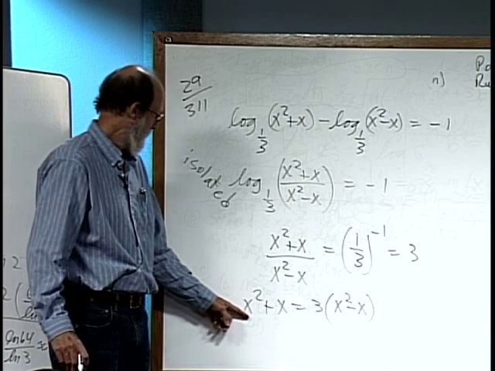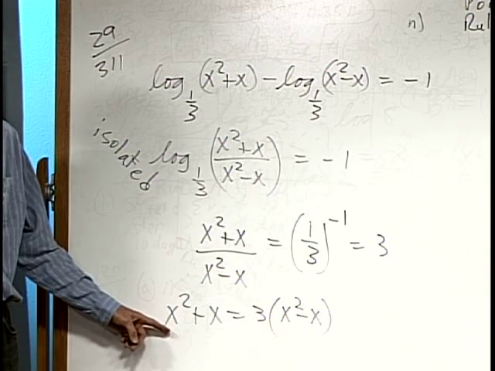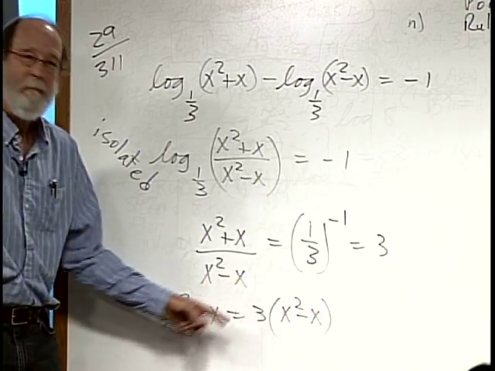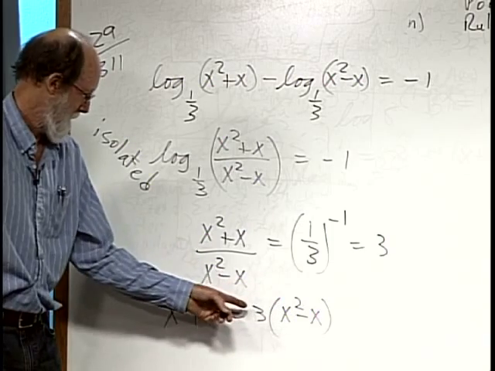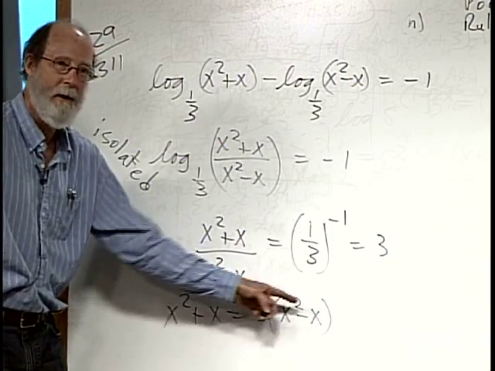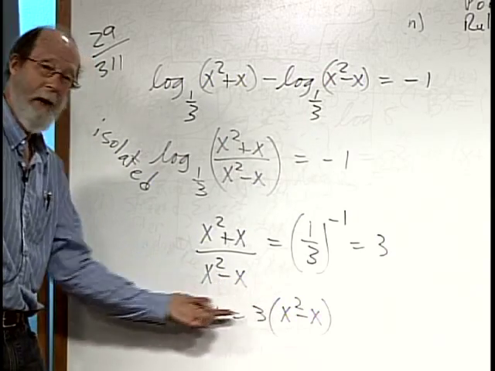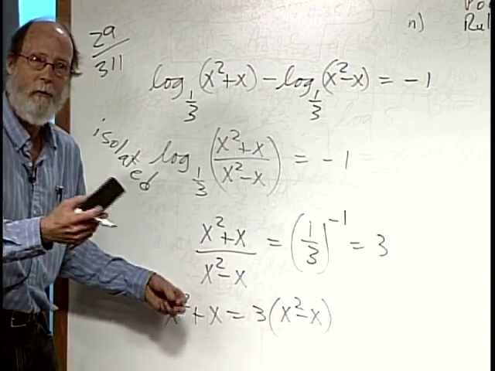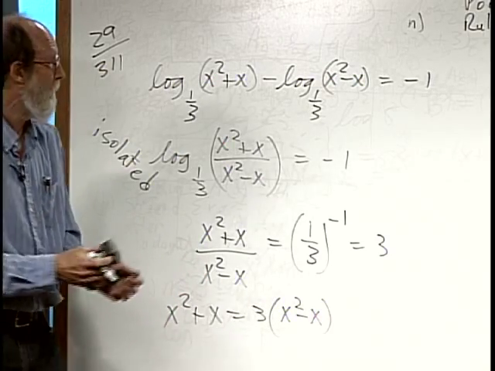After all this work, what do you now do? You expand that. Like Diana said, you have to distribute the 3, and since it's a quadratic equation, you move everything over to one side and put it in the form that you use to solve quadratic equations.